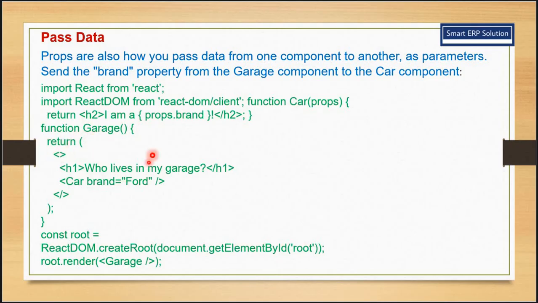Then under the garage function, who lives in my garage? Car brand equal to Ford. So, the render method is const root equal to ReactDOM.createRoot(document.getElementById('root')), then root.render with the function name Garage.